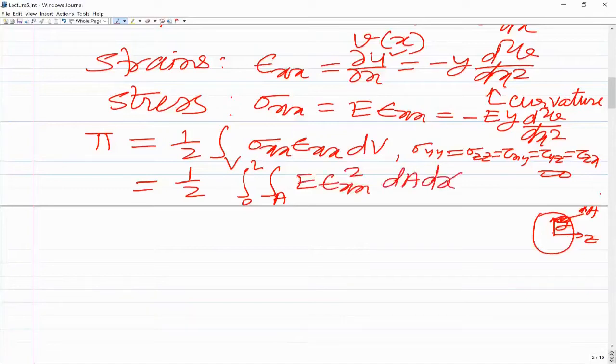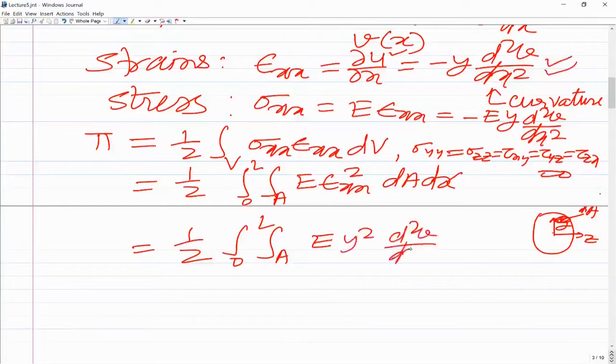So you are splitting this integral in this manner, and then therefore half of integration 0 to L, integration over area E, and then epsilon xx we have already written. This is the expression for epsilon xx. So when you square that, minus sign will go, so you will have y square d2v by dx square whole square dA dx.